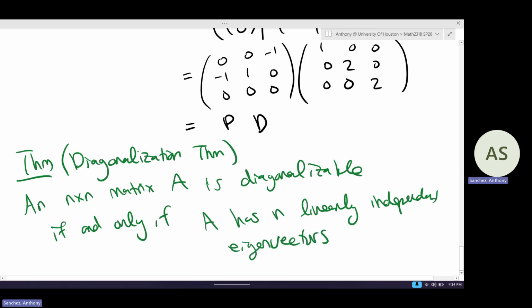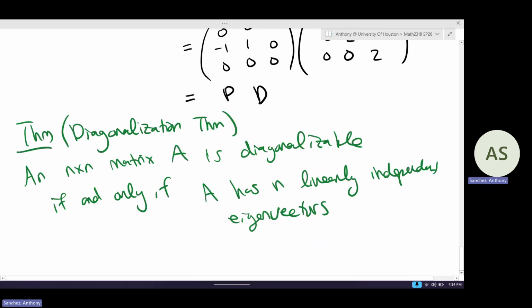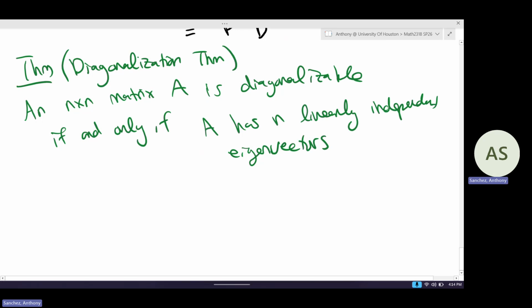That is to say, I have so many eigenvectors that I can form a basis of Rn, right? So this is what it means to have enough eigenvectors, okay? So this is our main result.